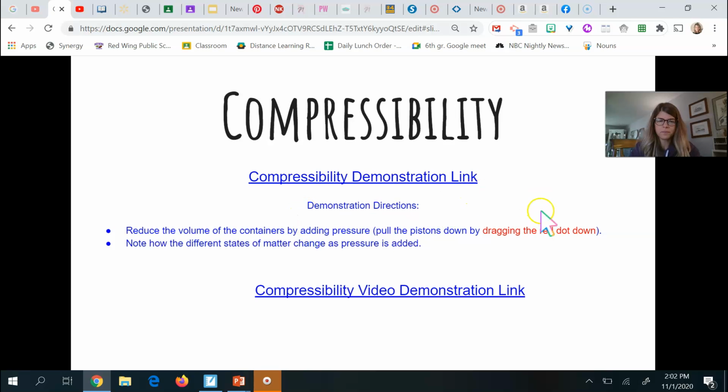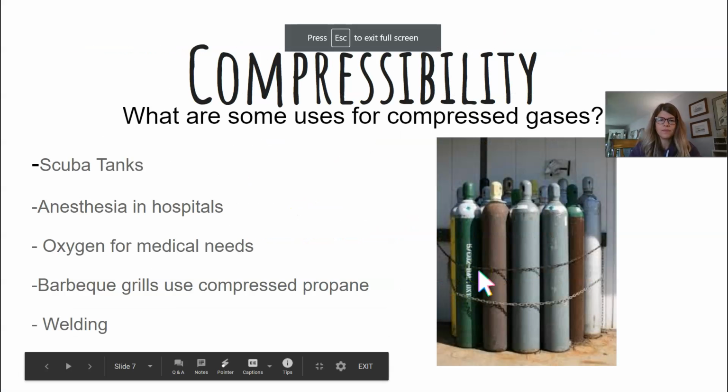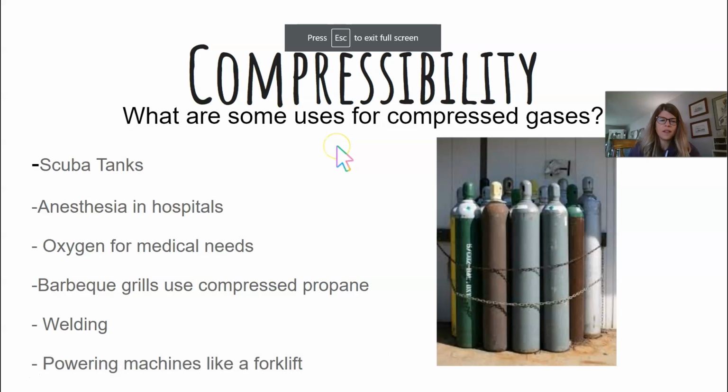All right. So we talked a little bit in the beginning about scuba tanks and how compressed air is used for underwater scuba divers. There's a couple other uses for compressed gas as well.